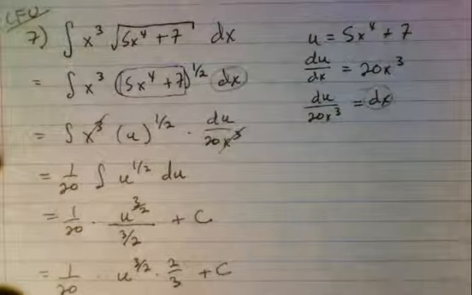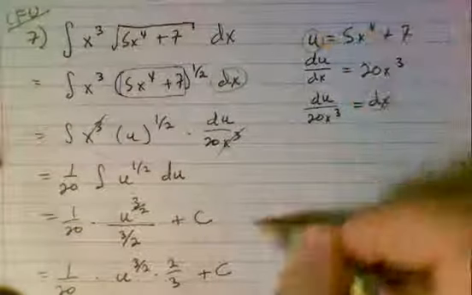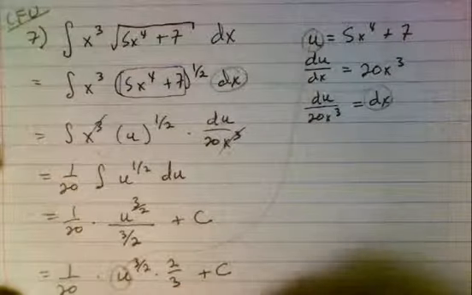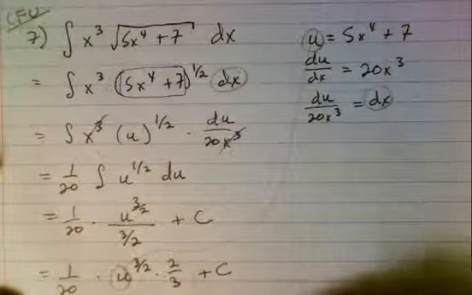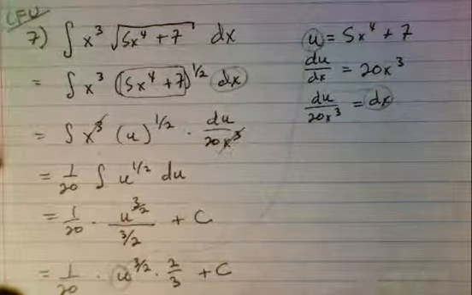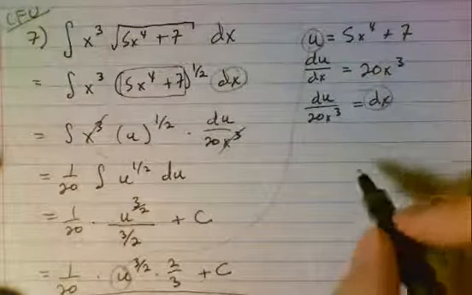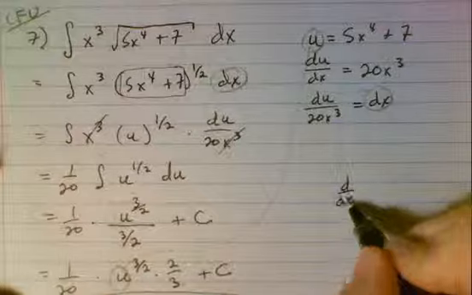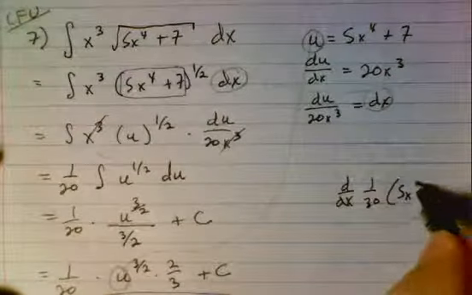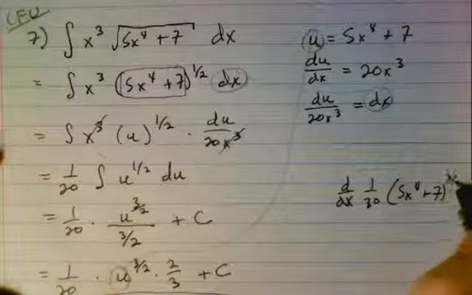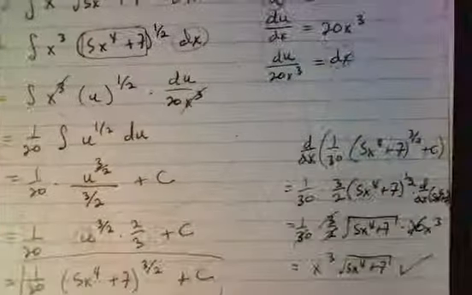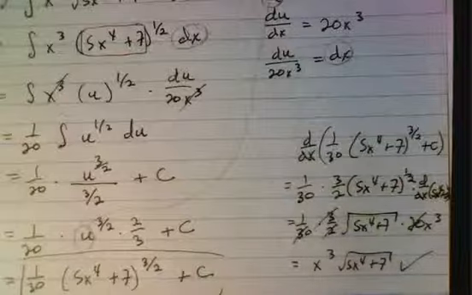We're going to put our u back in here. 5x to the 4th plus 7 to the 3/2 plus c. Now let's go and take our derivative. And when we take our derivative, we end up back where we started.